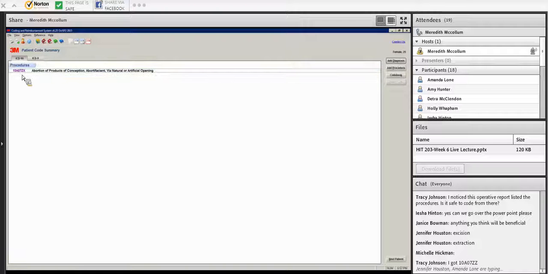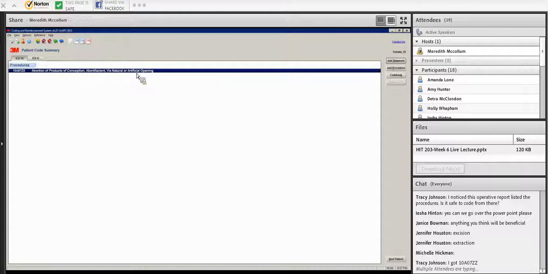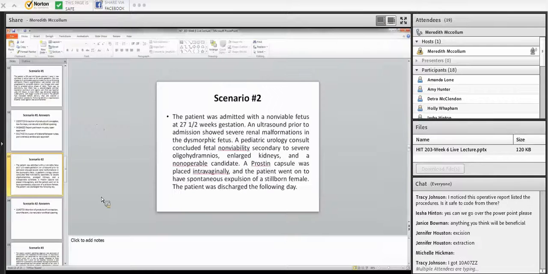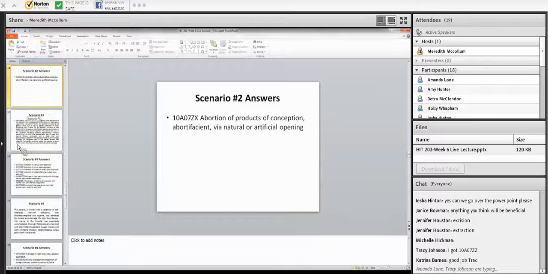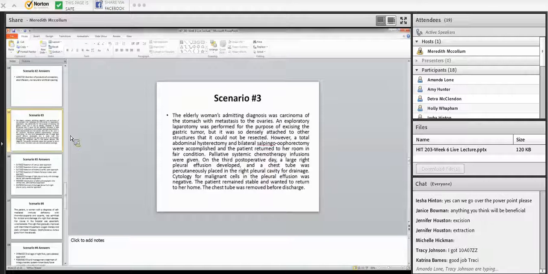It should be 10A07ZX, via natural or artificial opening. So the answer on this is incorrect. No, it's not. It's correct. Good job, Tracy. Yes, definitely.